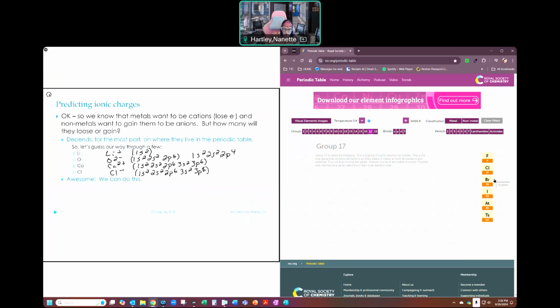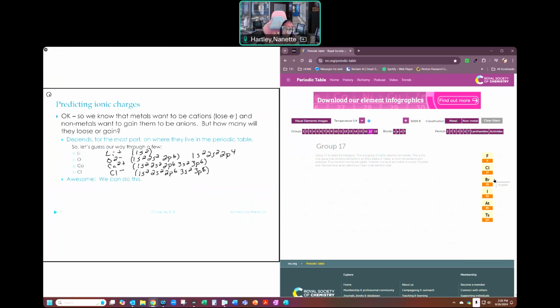So that outermost row has the s and the p full, right? That's how we get a noble gas configuration, is to have that s and that p full. We call that s and that p, that 8 electrons, a stable octet, right? So that's what we're looking for, is trying to get to be that noble gas configuration, all right? So we're always trying to get to be that nearest noble gas.